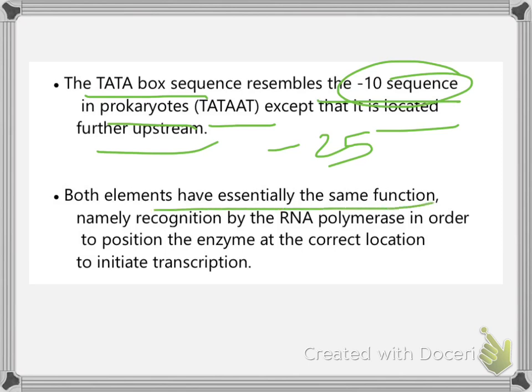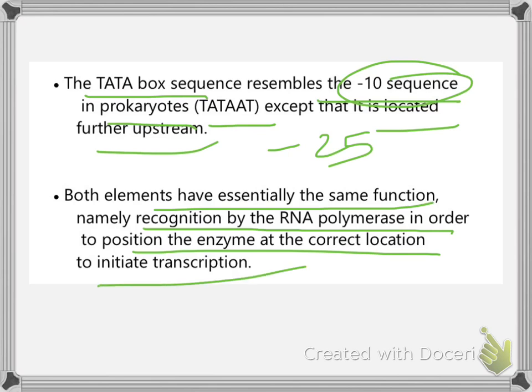Both elements have essentially the same function, that is recognition by the RNA polymerase in order to position the enzyme at the correct location to initiate the transcription. So both the TATA box in eukaryotes and the -10 sequence in prokaryotes have a similar function.